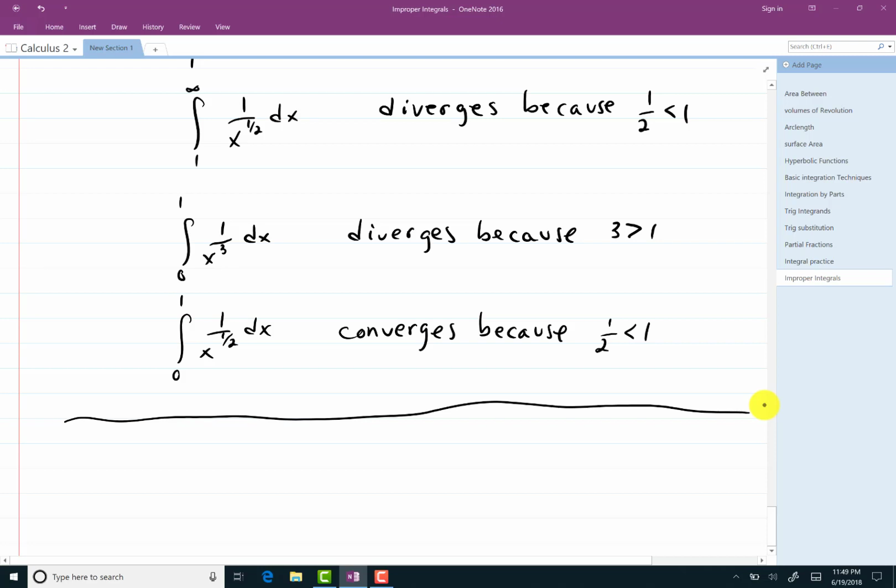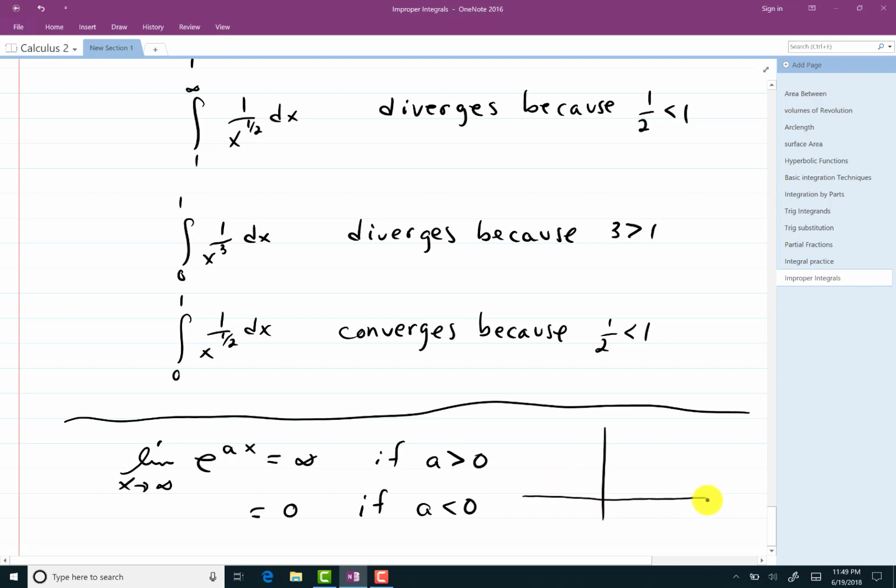One of the things you ought to know is that the limit as x goes to infinity of e to the ax equals infinity if a is greater than 0 and equals 0 if a is less than 0. The graph of e to the ax is always going to look something like this, depending on whether a is positive or negative.